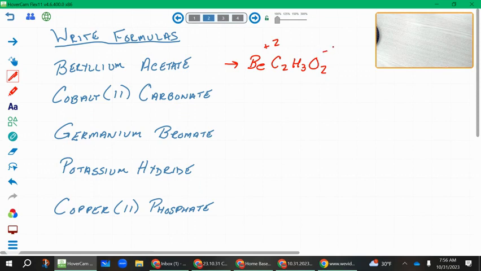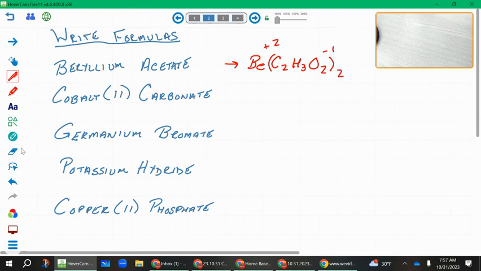Negative. Okay. So we need to balance off those charges. So by the Be, what number would we be putting by the Be, Anthony? Okay. What about by the C2H3O2? Parentheses and a 2. Thank you. So we need to do that.